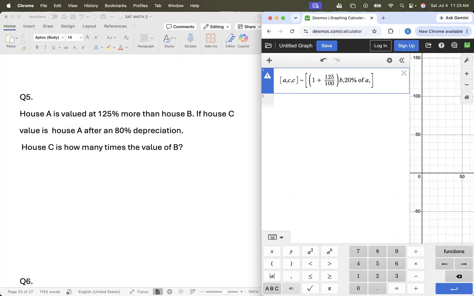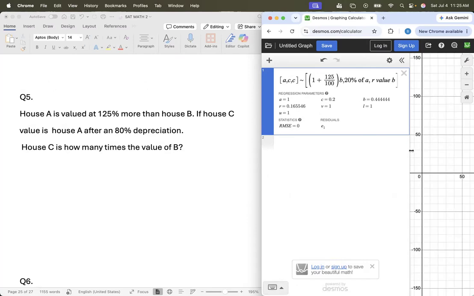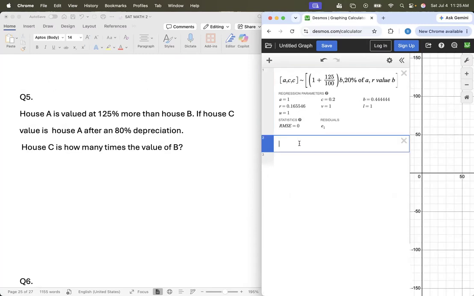I don't know. I'll say R value B. And this is how I do this kind of thing. Sometimes you got to type for Desmos to read it. And this is how it calculates for you. And it said R is 0.44. So 0.44 of the value of B.